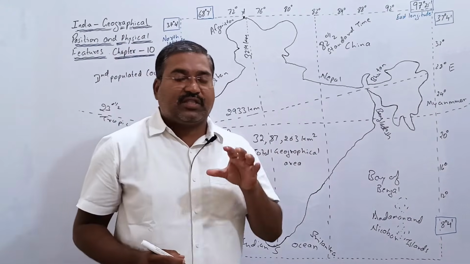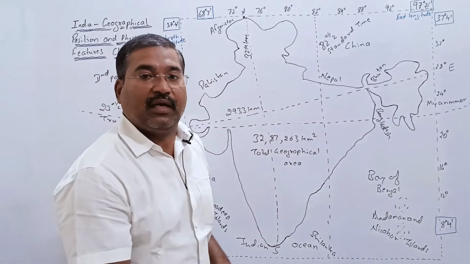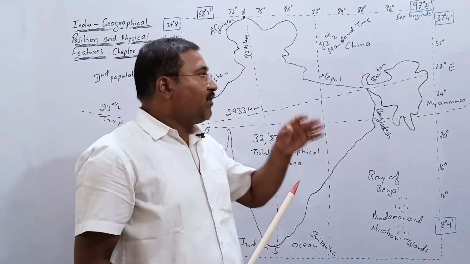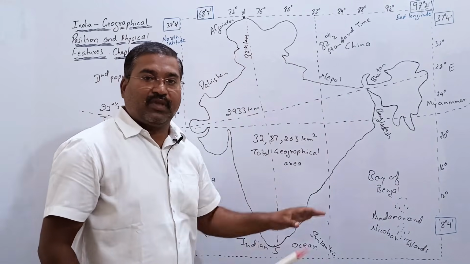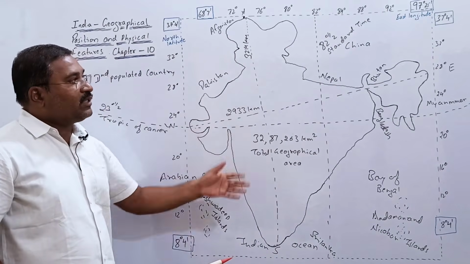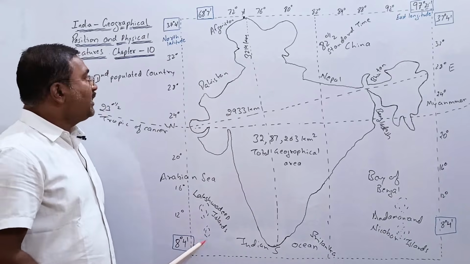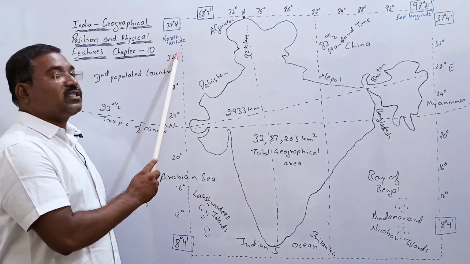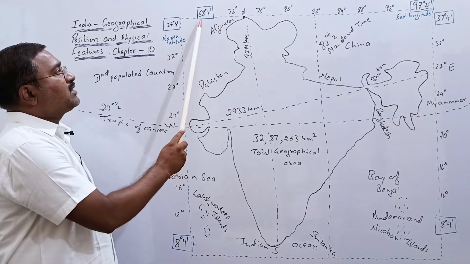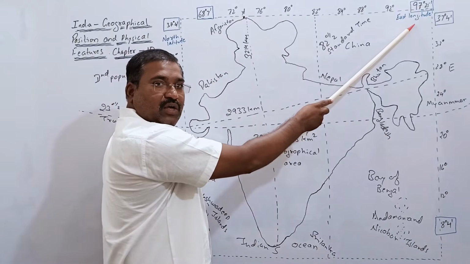So this is nothing but the talk related to the geographical position. Let me once again clarify what we have learnt in this whole topic. Dear students, here we have begun with the latitudinal line, which stretches from 8 degree 4 minutes to 37 degree 4 minutes north latitude, and the longitudinal line, 68 degree 7 minutes to 97 degree 25 minutes east longitude.